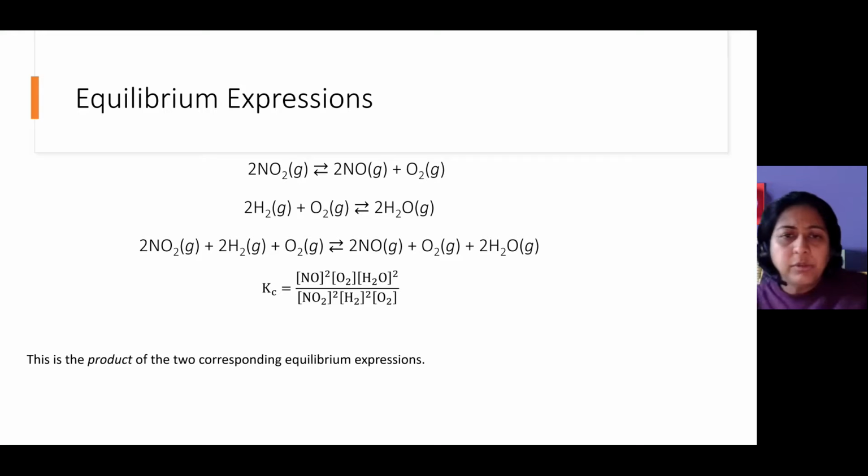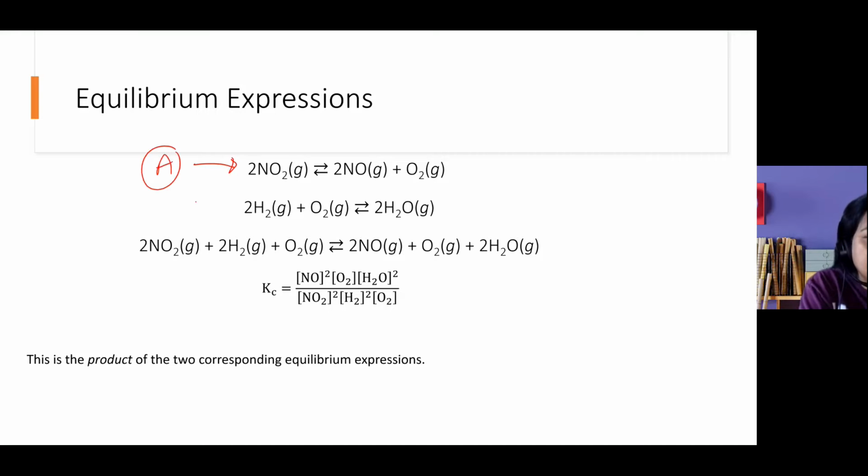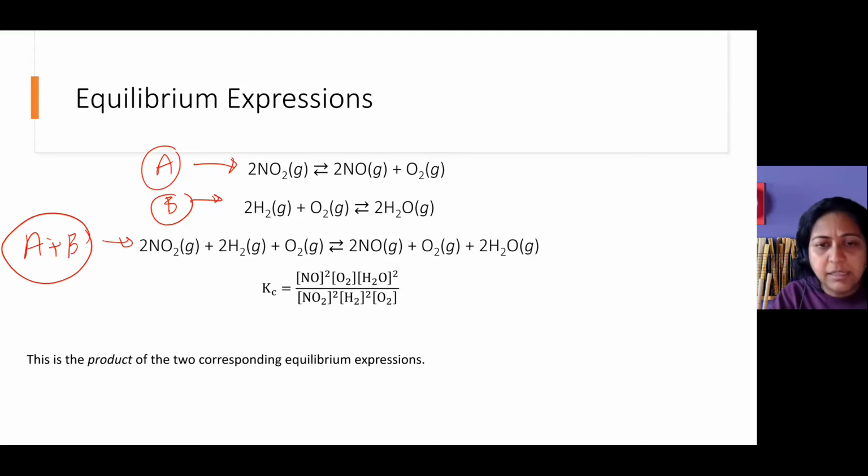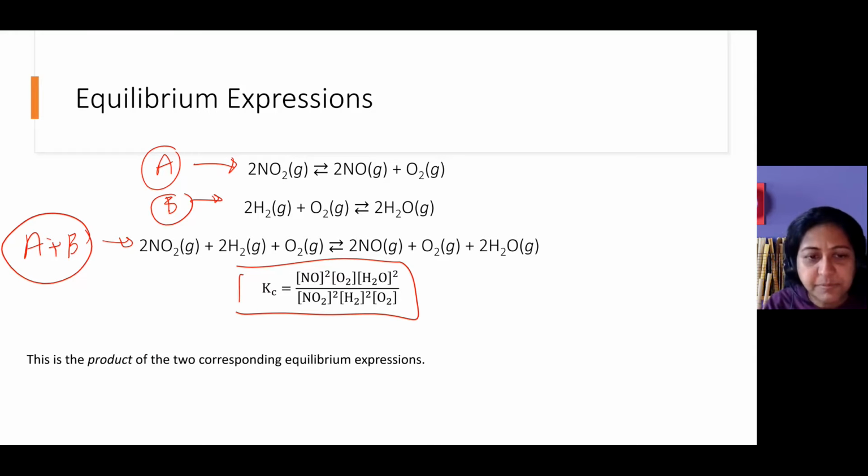Now look at these two reactions. This is reaction A, this is reaction B, and here reaction A was added to reaction B. Here this is the equilibrium constant written for the total reaction.